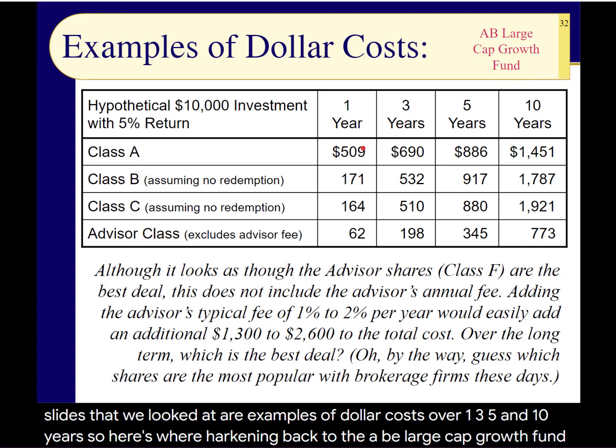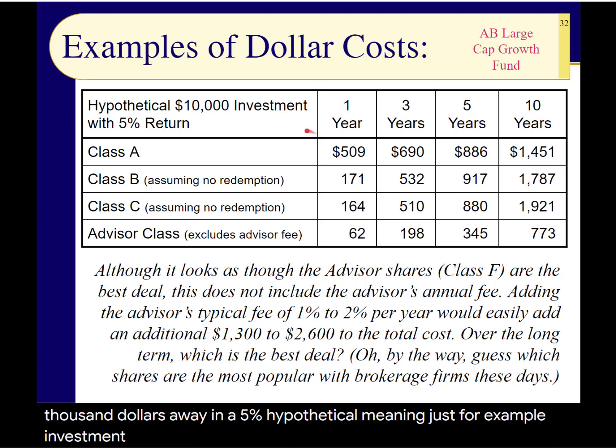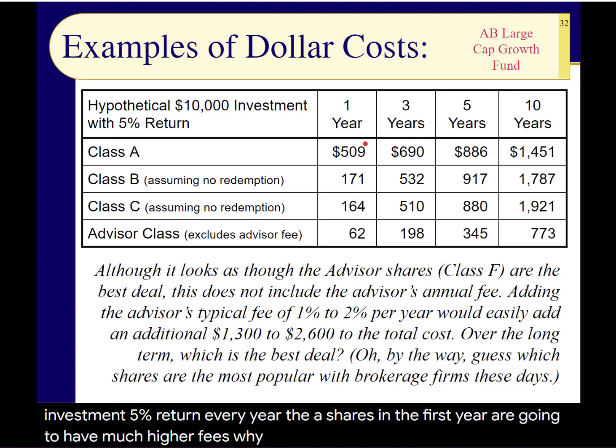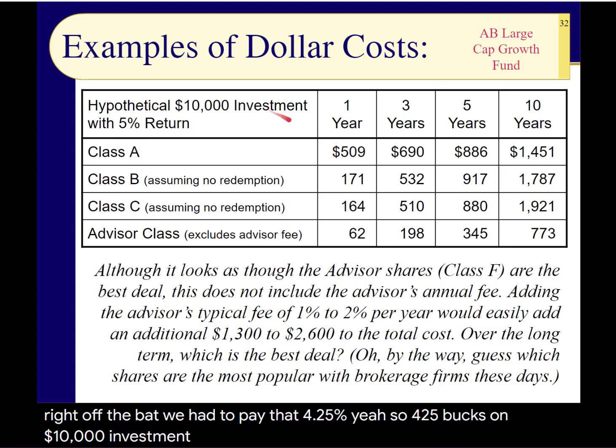And we see that if we put $10,000 away in a 5% hypothetical, meaning just for example, investment, 5% return every year, the A shares in the first year are going to have much higher fees. Why? Because we had to pay that upfront fee right off the bat, 4.25%, so $425 on a $10,000 investment.